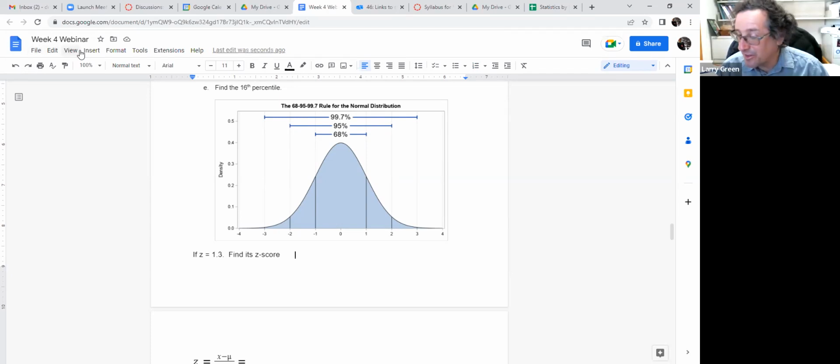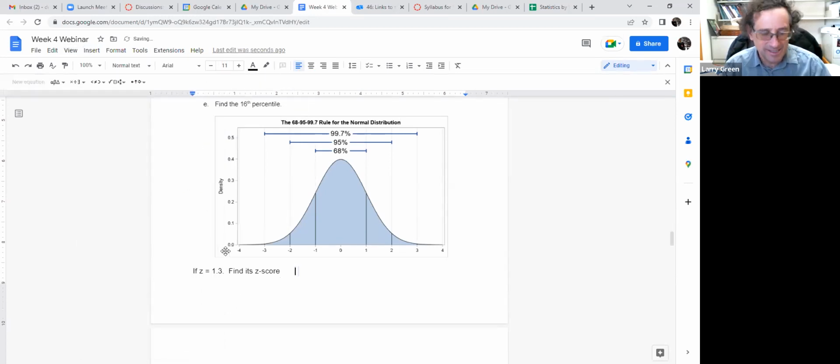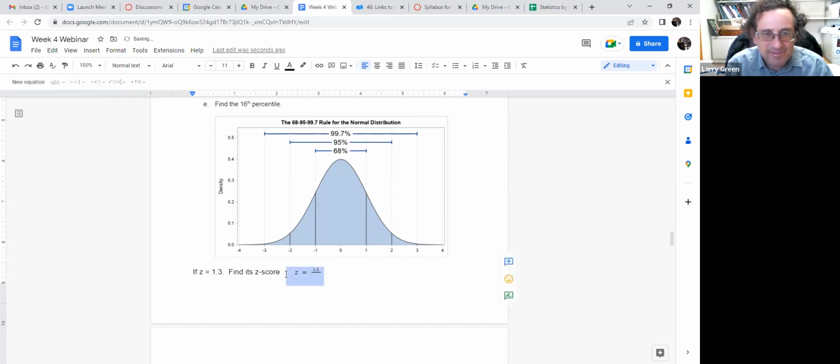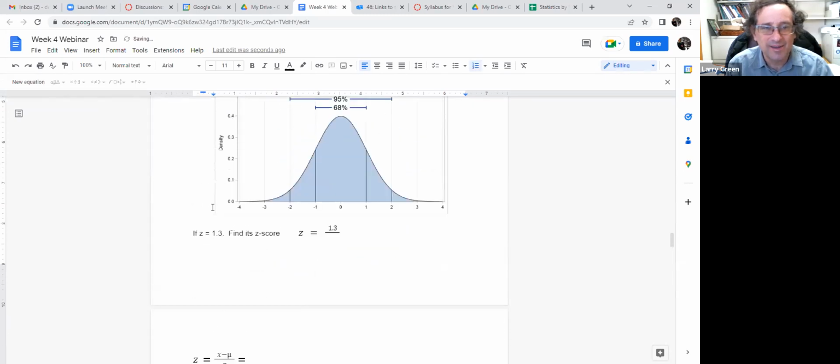X minus mu over sigma, over standard deviation. Because it's got a fraction, let's stick an equation in. So Z is equal to, make a fraction. And our x in this case is 1.3. Okay, and actually, let's make it bigger. It's hard to see, I think, for you guys. There we go.